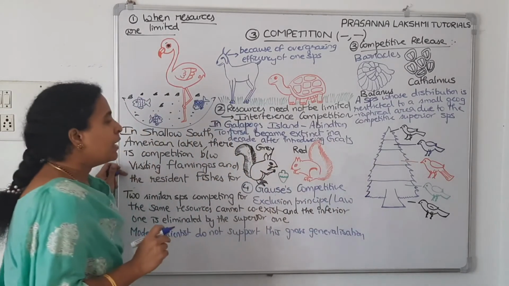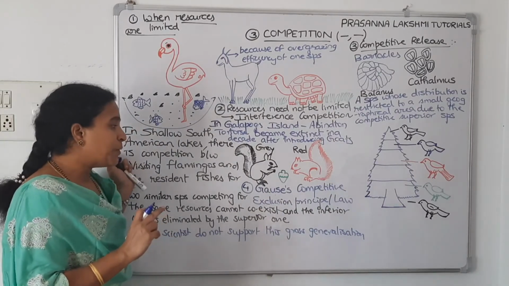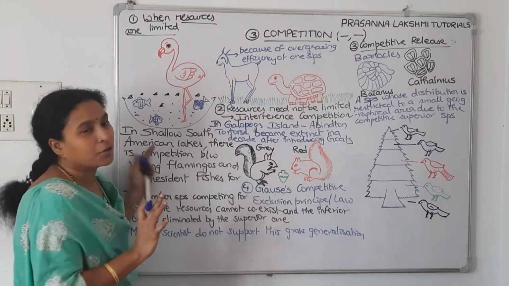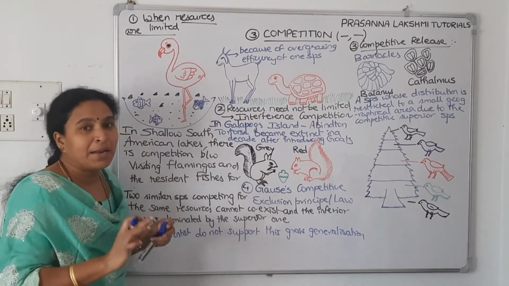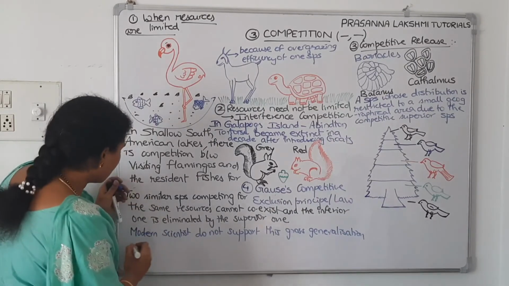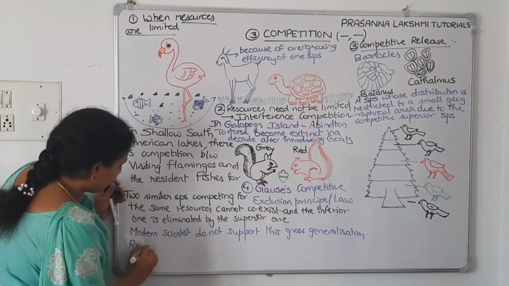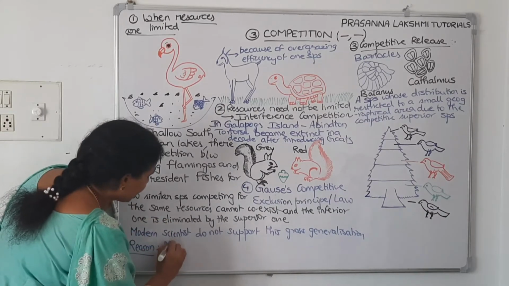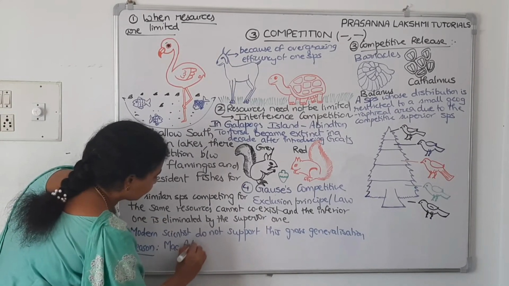What did he tell? He tells that two similar species competing for the same resources cannot coexist together in that geographical area. The inferior one will be eliminated by the superior one. But scientists are not accepting this. Now what is the reason? What is the explanation or the experiment they have done? It was done by a scientist called MacArthur.